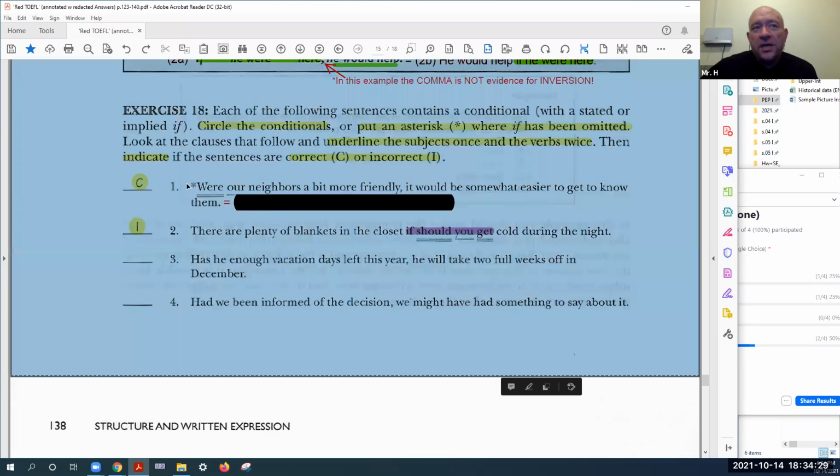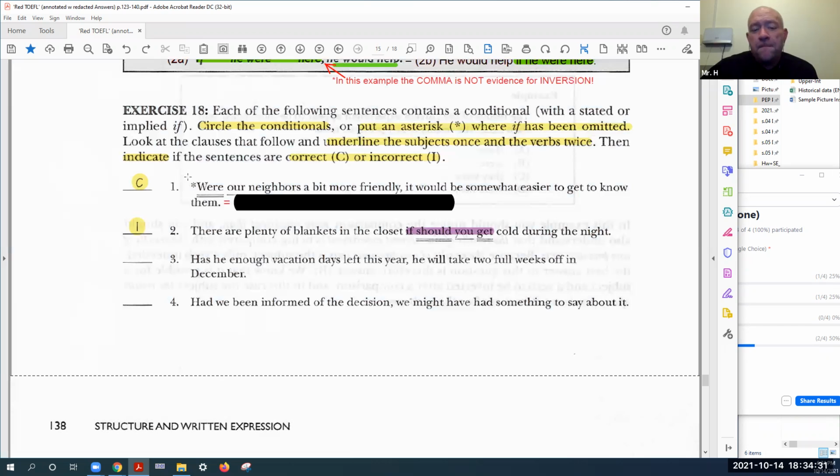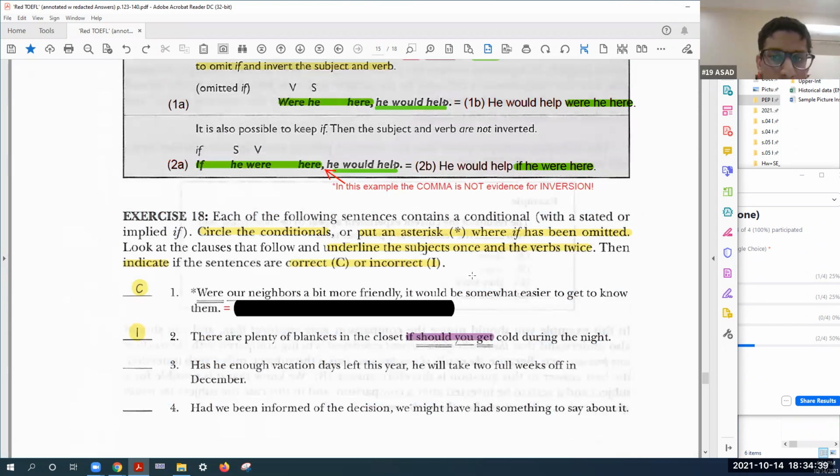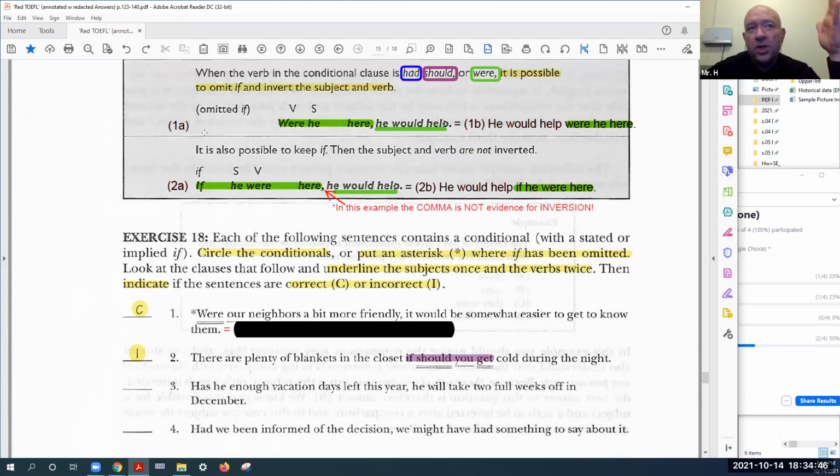Assad, you want to read number 1? Were our neighbors a bit more friendly, it would be somewhat easier to get to know them. Now, it is correct. Look at the formulas in the chart. Which formula do you see? 1 or 2?